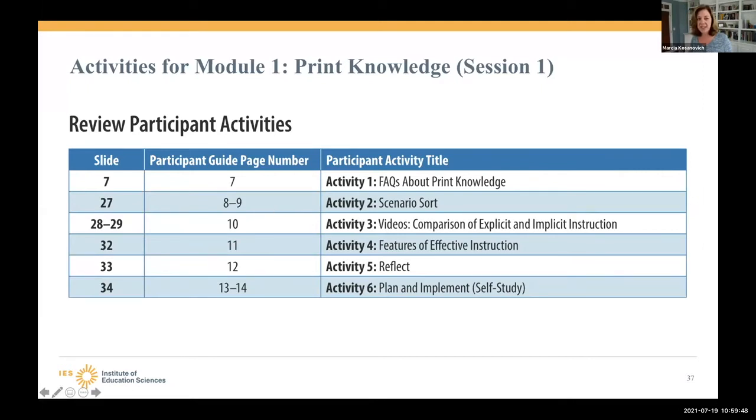And then look at activity 2 on pages 8 and 9, scenario sort. And then activity 3, videos, comparison of explicit and implicit instruction, found on page 10.